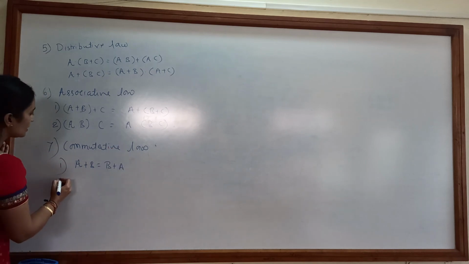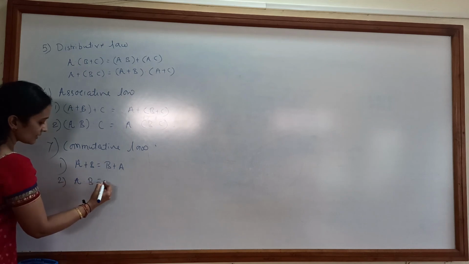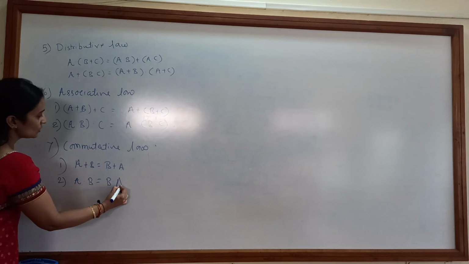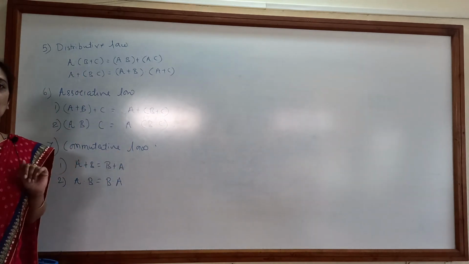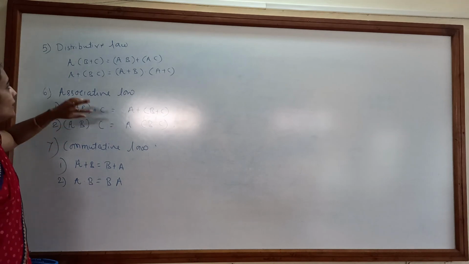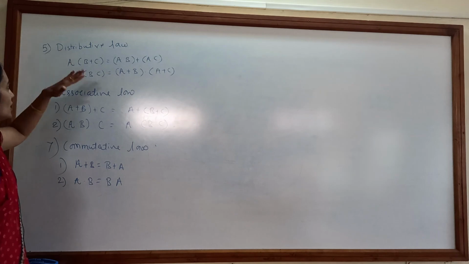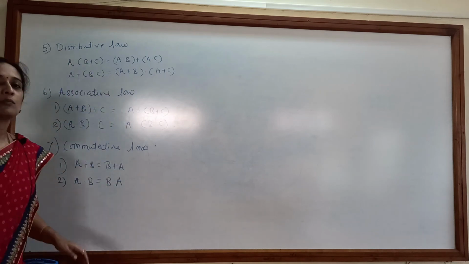And second is replace plus with multiplication. A into B is equal to B into A. These three laws are there which are dual laws, because for each and every one there are two laws, and everywhere multiplication is replaced with plus sign is replaced with multiplication.